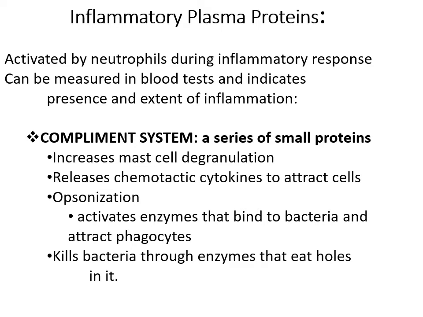They're going to be part of a process called opsonization, where these little complement proteins attach to foreign substances such as bacteria, and they tag them. And once these foreign antigens are tagged, the immune system can now identify them for phagocytosis and destruction.